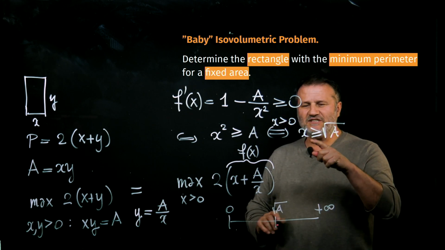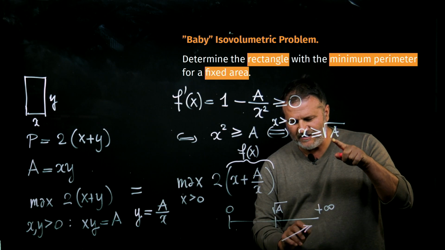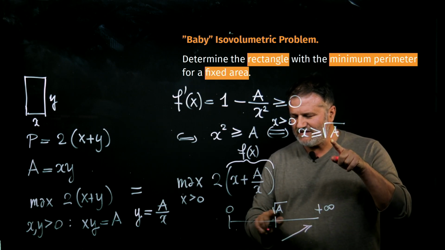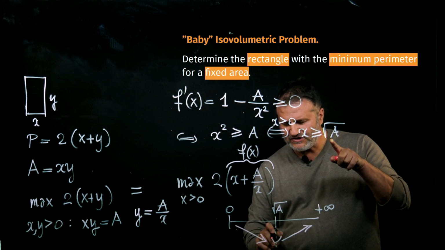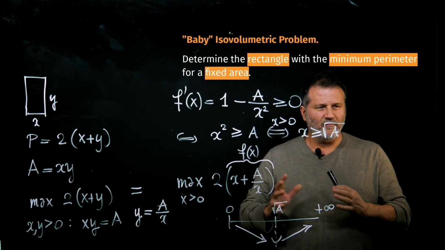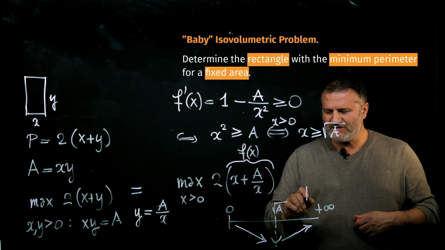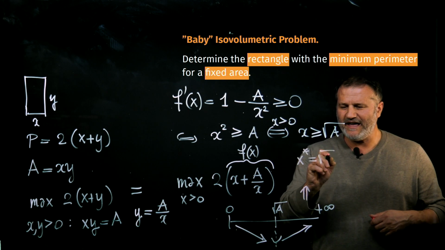Then the derivative is positive for x larger than root of a. So this means that on the interval root of a to plus infinity, the function is increasing, while on the interval 0 to root of a, the function is decreasing. At root of a, the function is well-defined and continuous, so it means that this is a minimum point for the function f on 0 to plus infinity. So this shows that the optimal x is equal to root of a.